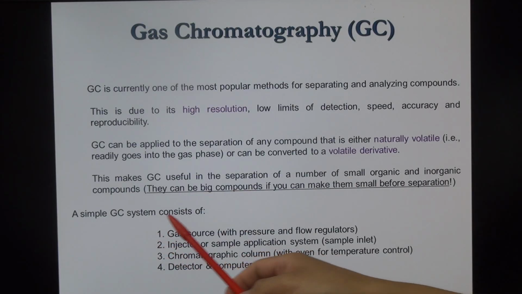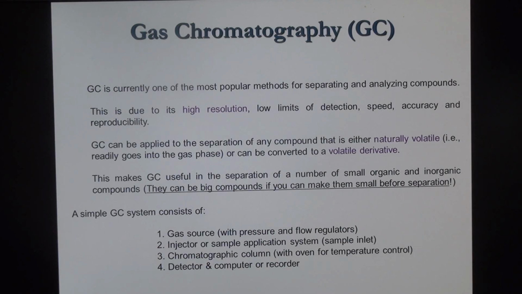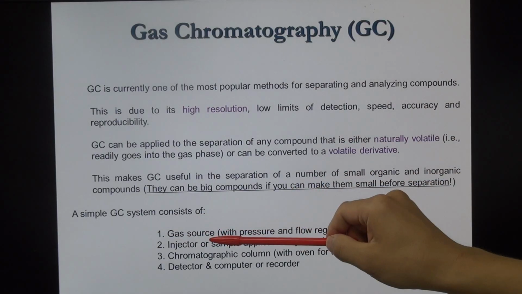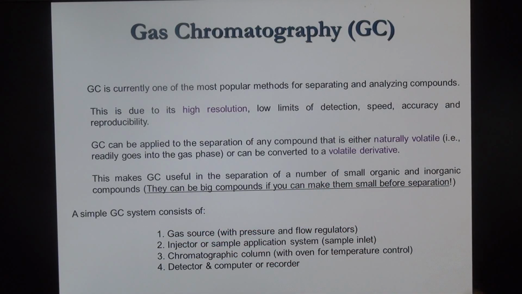And a simple GC system consists of these basic tools, such as gas source, okay? Basically the mobile phase. We need an injector of sample, how to inject the sample inside of the instrument.